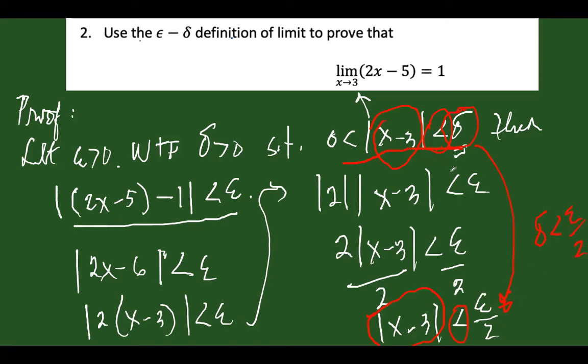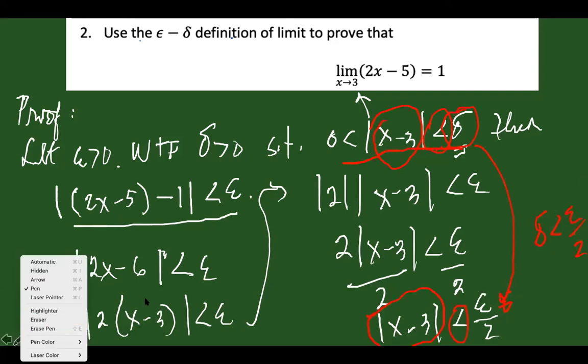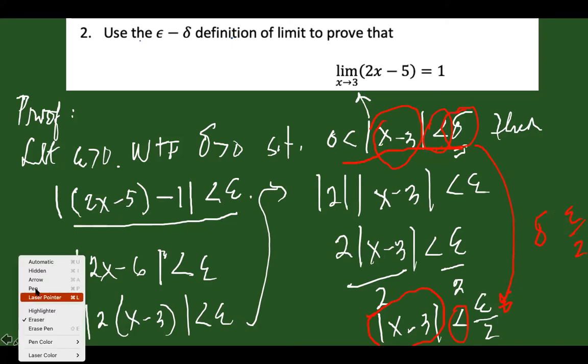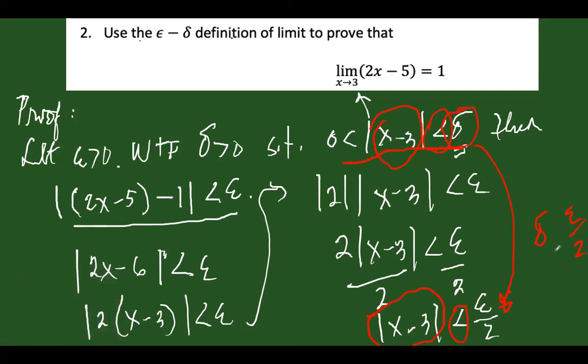Oh, sorry, I wrote less than; it's supposed to be equal. So we have already found the value of delta in terms of epsilon, which is equal to epsilon over 2.